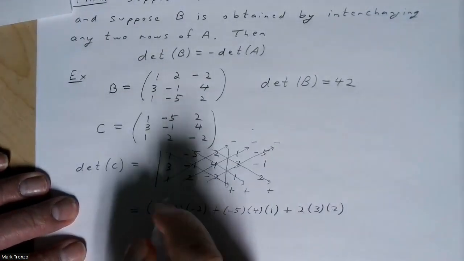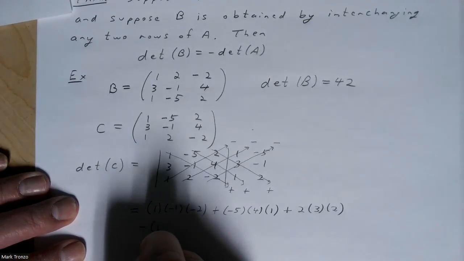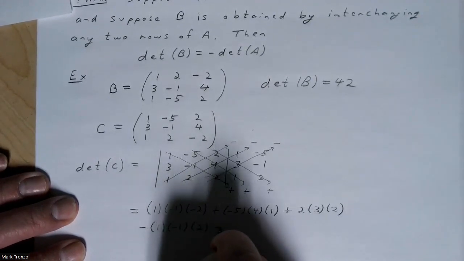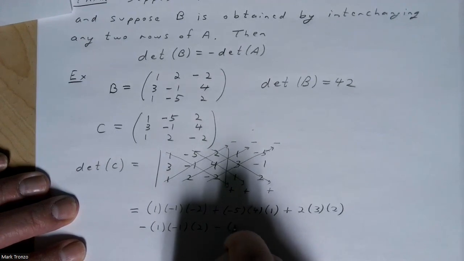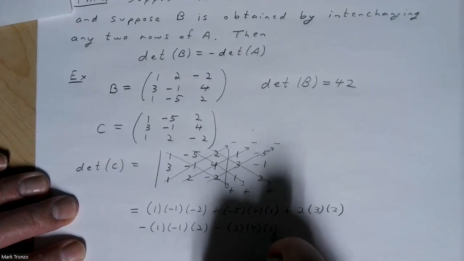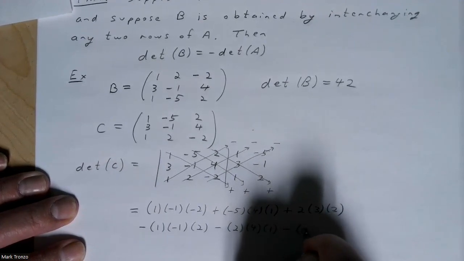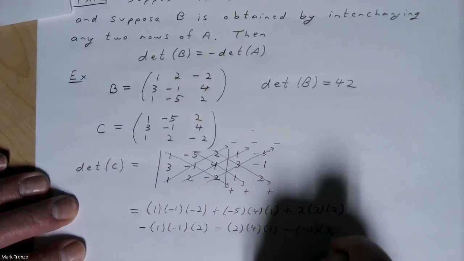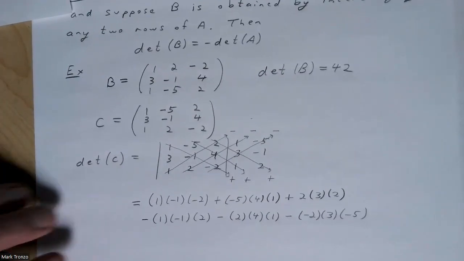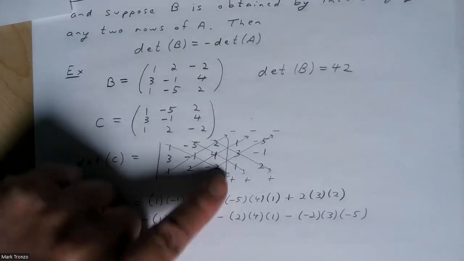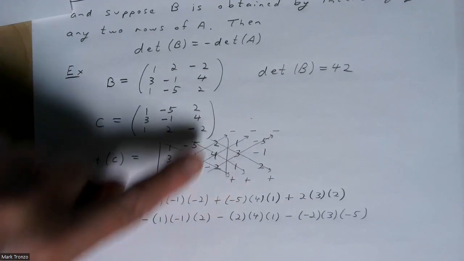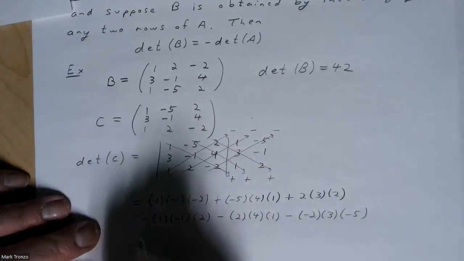And then going up this way, 1 minus 1, 2, 2, 4, 1, minus 2, 3, minus 5, like this. Again, these ones were all positive, multiply these together, plus these together, same thing up here, except these are negative.